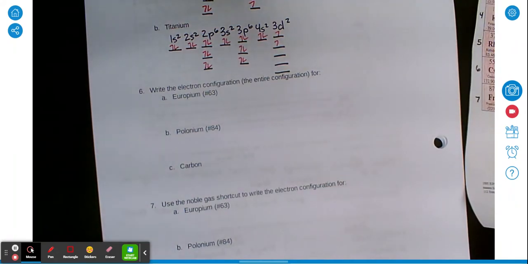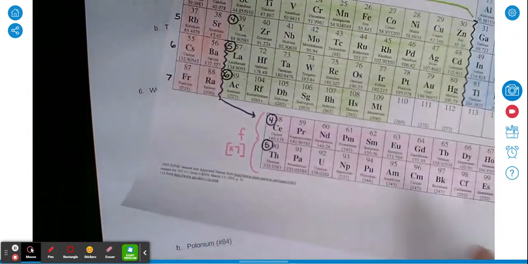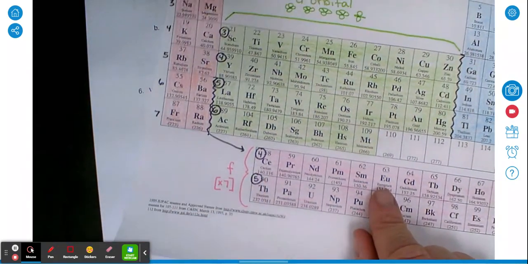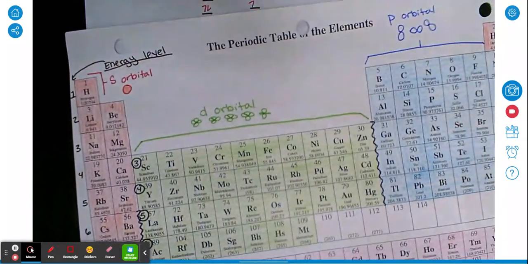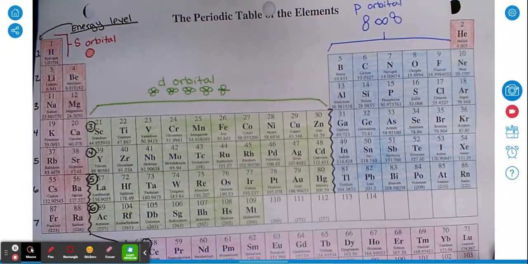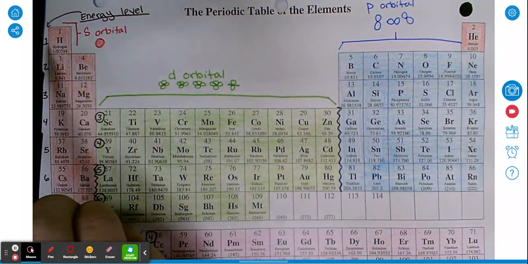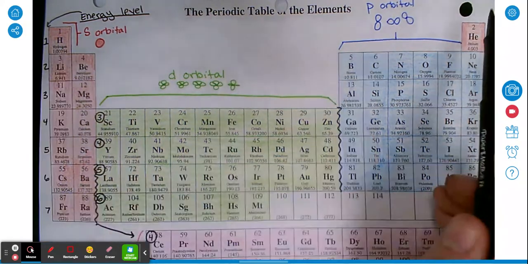6, write the electron configuration, the whole configuration for europium, which is down here. It's element 63. So I've got to get through the F block. Now, I'm going to walk through it while I'm on the screen. So, row 1, 1s2.